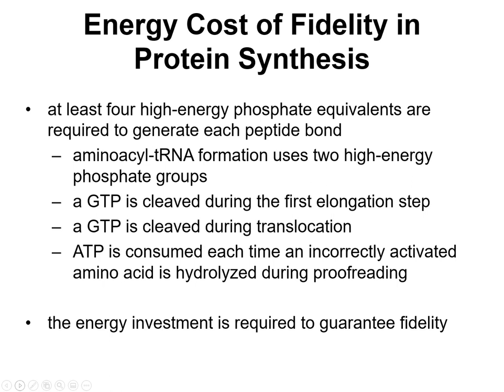We also cleave one during translocation. And then, if there's some kind of incorrect amino acid that's added, so it's the wrong tRNA, then you're going to consume energy for proofreading. So there's a high investment of energy to guarantee that you're making the correct protein.